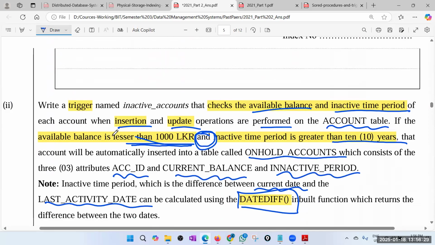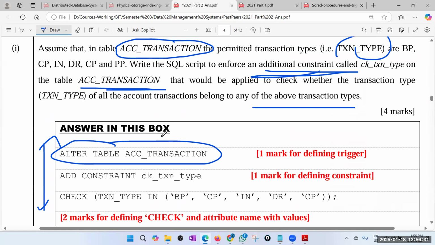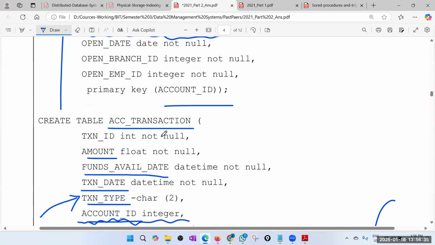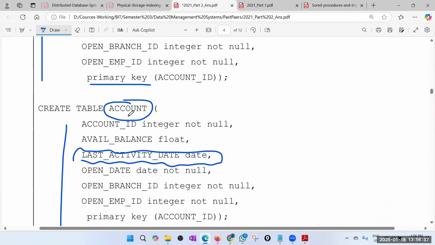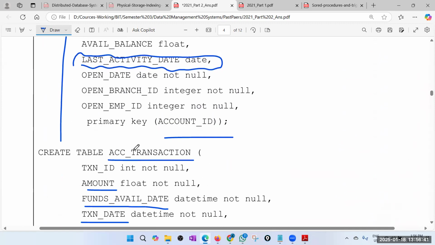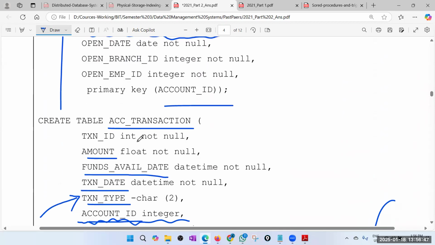Then you need to check whether the current balance is less than 1000. That also you can get using a select statement because it is in the other table. Then you check whether both are correct, then insert this. Otherwise, don't do this. Okay, so let's see the examiner's answer.